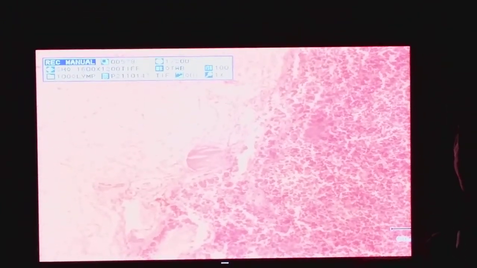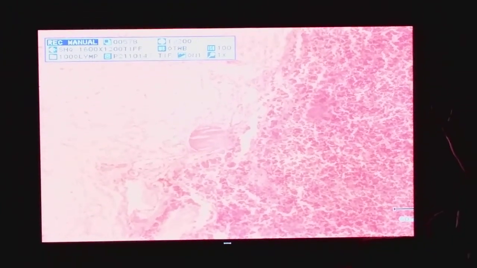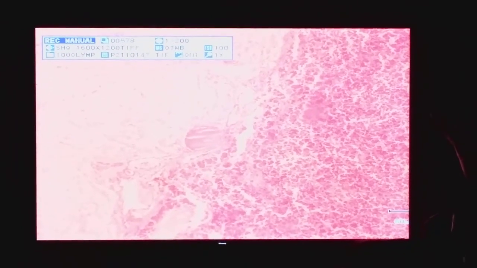Let us view the appearance of the 3 cell types mentioned.